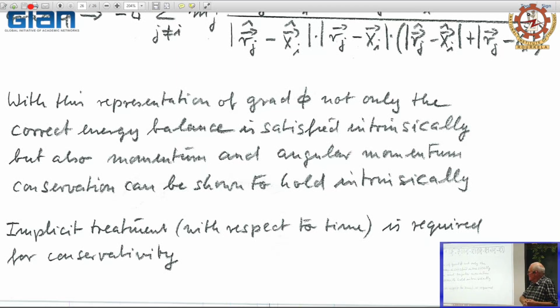But the drawback is it has to be implicit with respect to time. You have to solve an implicit equation to simulate the evolution of a three-dimensional configuration.